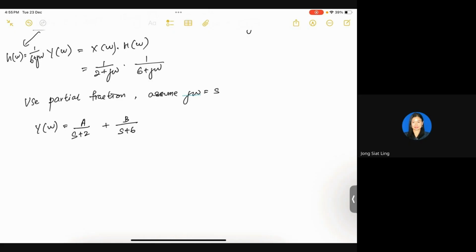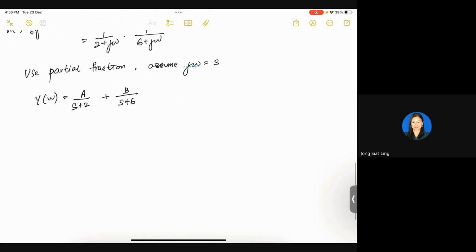When s equals minus 2, we get A. What is the A value when s equals minus 2?